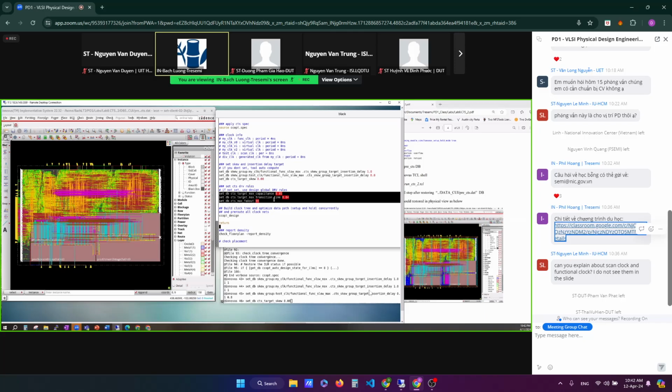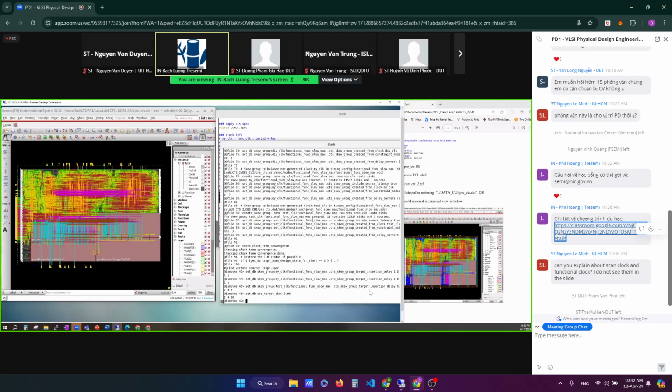If you set the max transition too sharp, meaning very strict, it's going to try to add a lot more buffers. And remember what happened with more buffers? It could lengthen your insertion delay, and also increase your power, right?